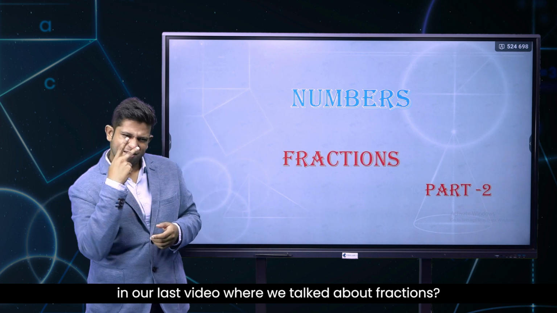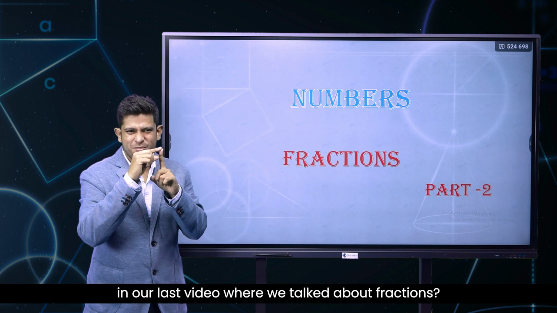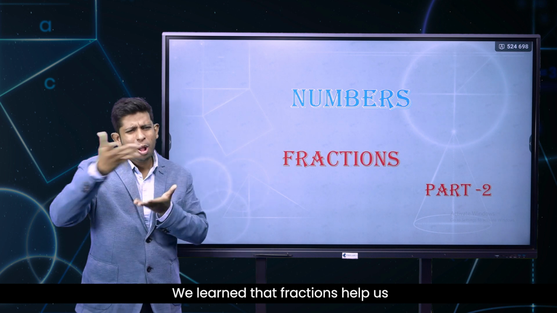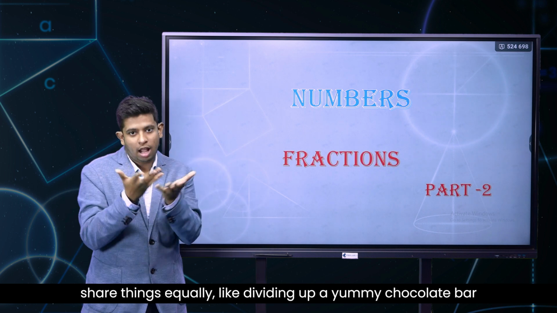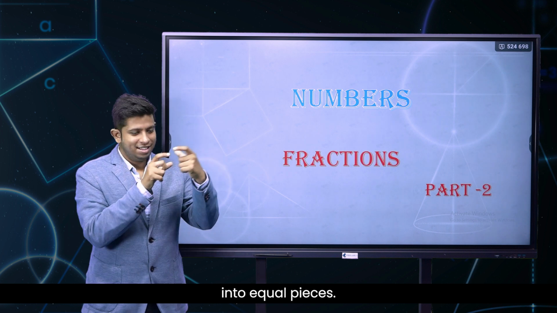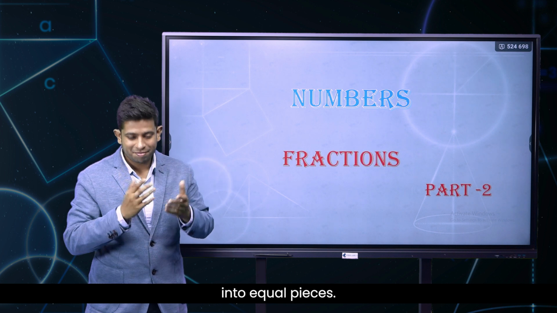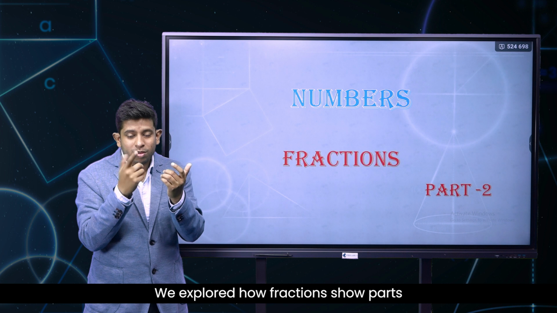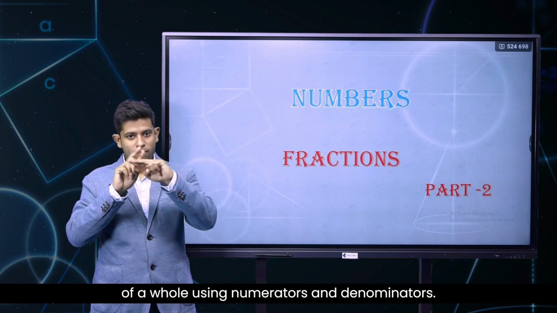Children, in our last video where we talked about fractions, we learned that fractions help us share things equally, like dividing up a yummy chocolate bar into equal pieces. We explored how fractions show parts of a whole using numerators and denominators.